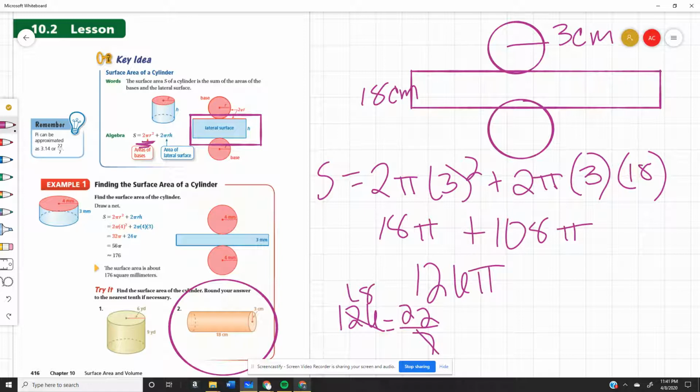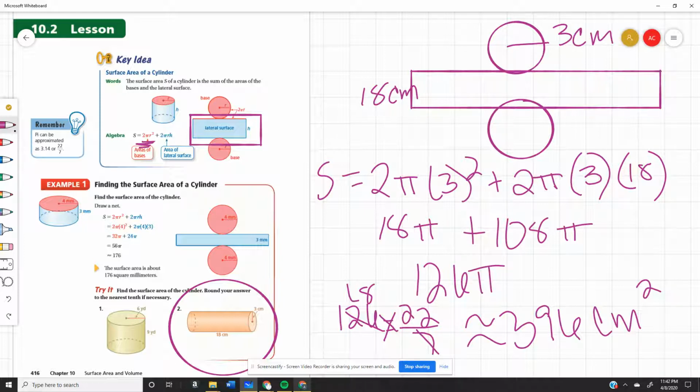So 18 times 22 is 396. So we would say that this one was equal to about 396 centimeters squared. And that's not equal to, that's times. So 396 centimeters squared.